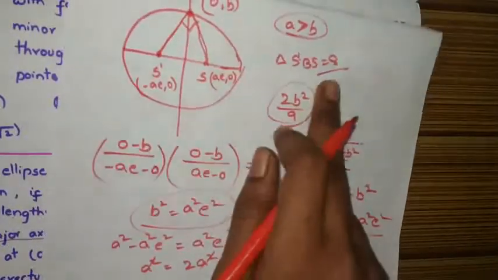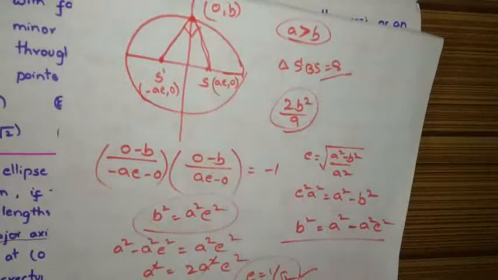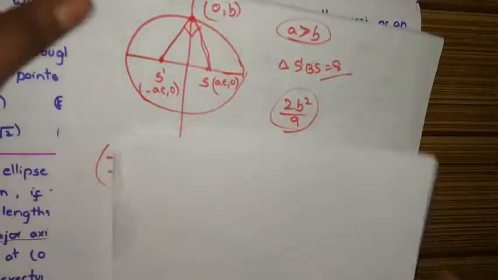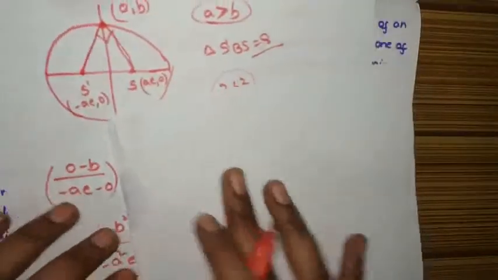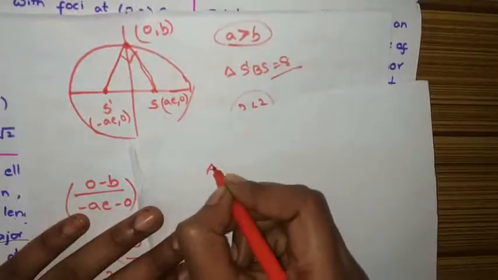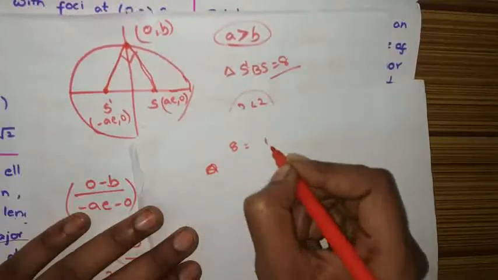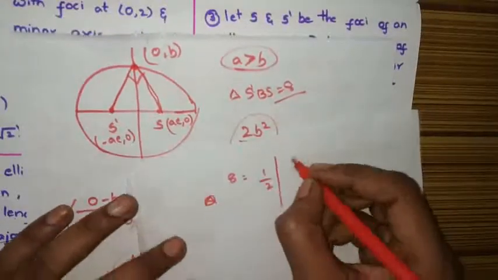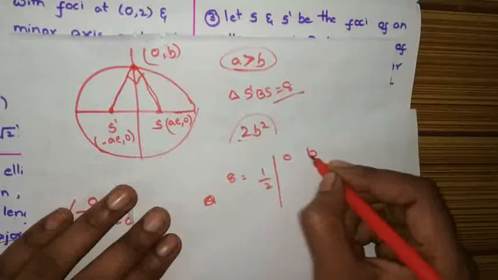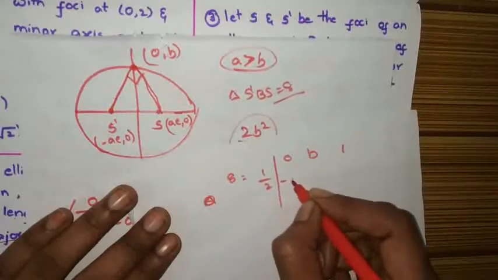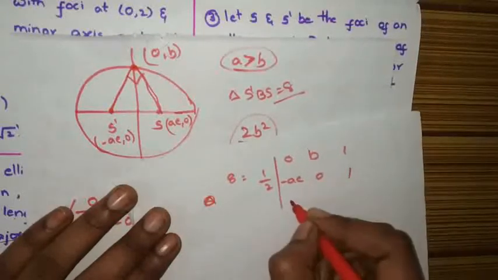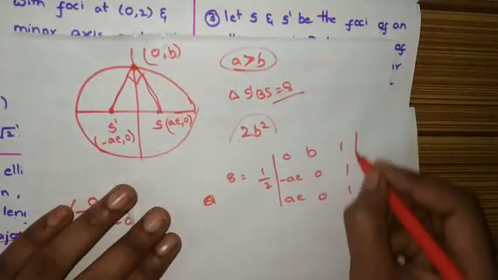Now, this area is given as 8. So, see, 3 points are given. Area will be 8 is equal to half into the determinant of (0, b, 1), (minus ae, 0, 1), (ae, 0, 1).